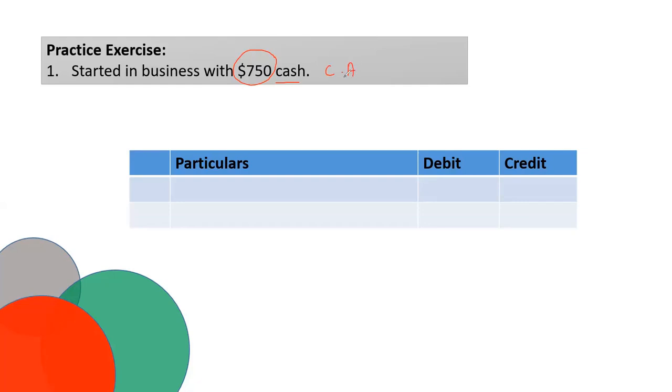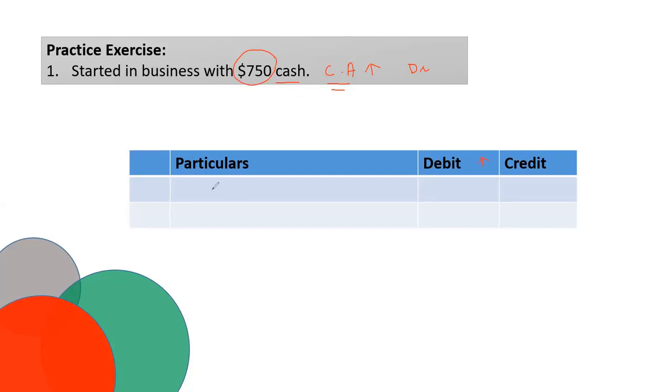Whenever a current asset is increasing in the books, we record a debit entry, meaning our debit side will increase. So very first, we will record cash as a debit entry.